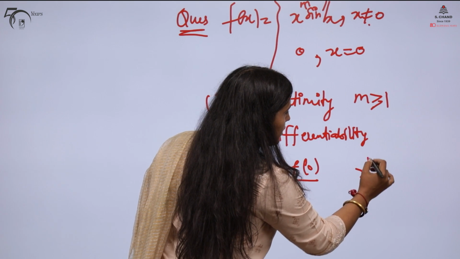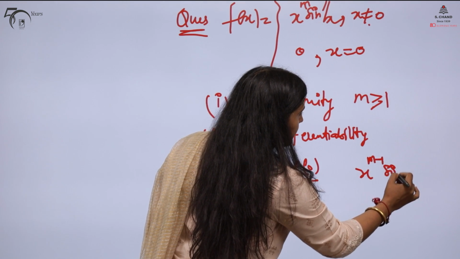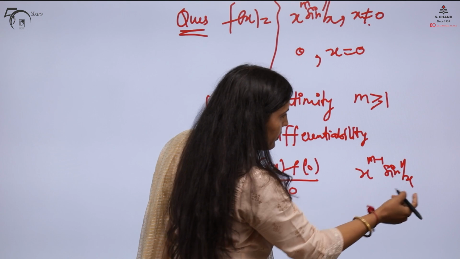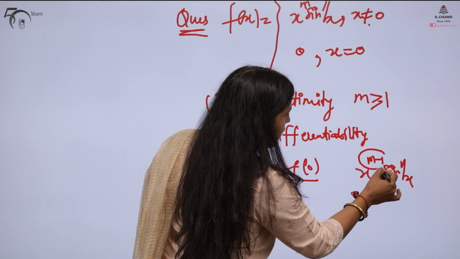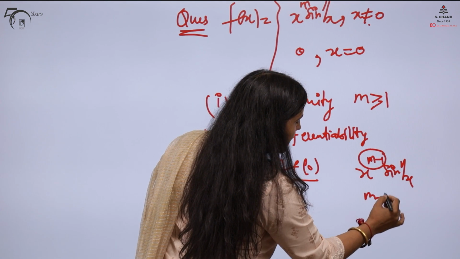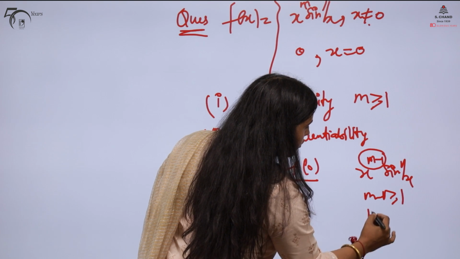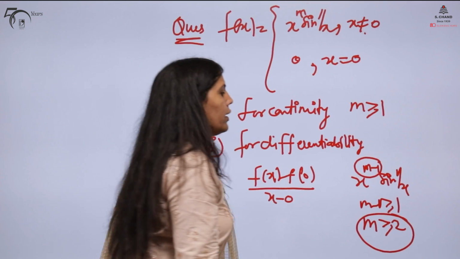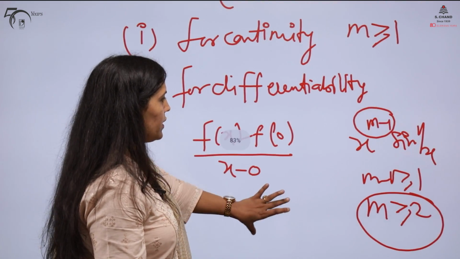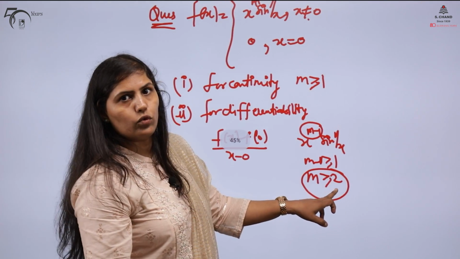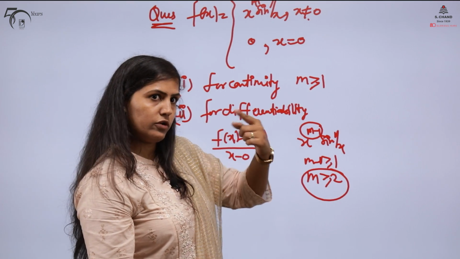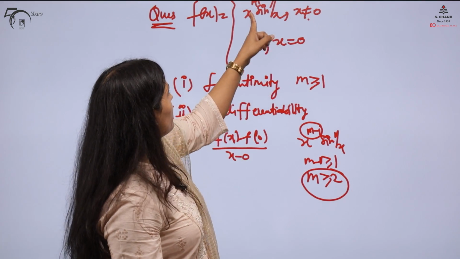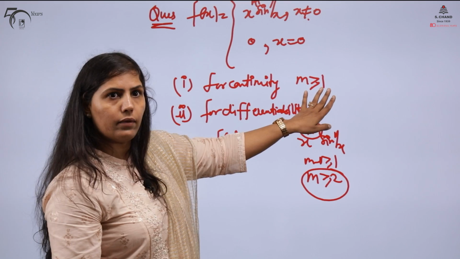For the limit to exist, the power of x should be at least 1, so m minus 1 should be greater than or equal to 1. So for differentiability you need m greater than or equal to 2. For differentiability m starts from 2, and for continuity it starts from 1.